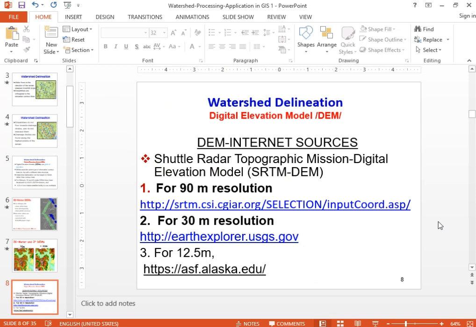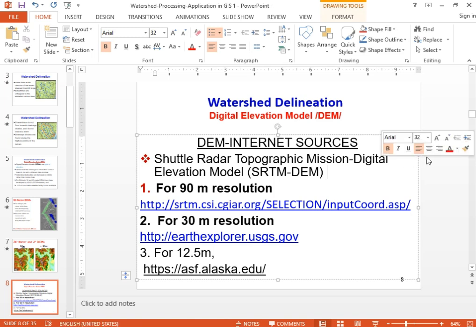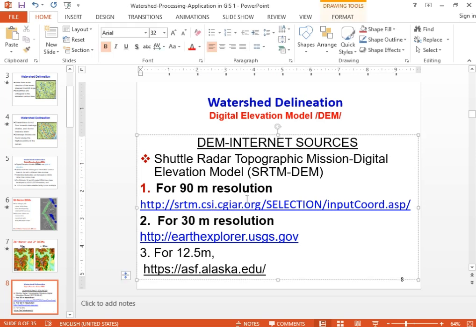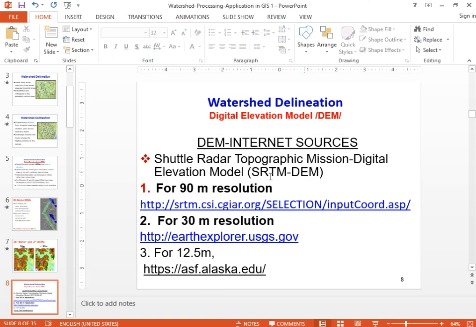To get the DEM from different sources, for the case of 90 and 30 meter resolution, you can obtain it from the SRTM, Shuttle Radar Topography Mission, digital elevation model. From this link, you can get the 90 meter resolution.